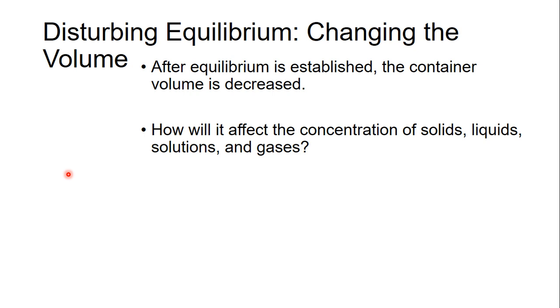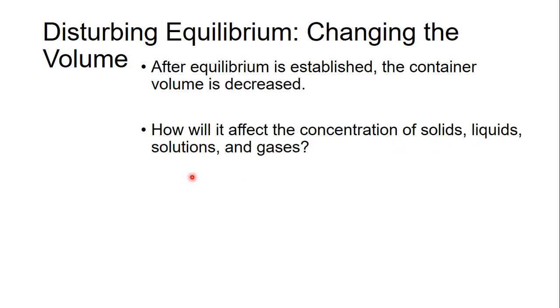All right, so let's talk about changing volume now. Let's say we're at equilibrium and then we decrease the volume of our system. How does this affect the concentrations of solids, liquids, solutions, and gases? Solids, liquids, and solutions: their concentration is not dictated by the volume they're in.